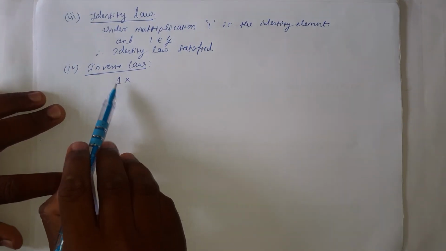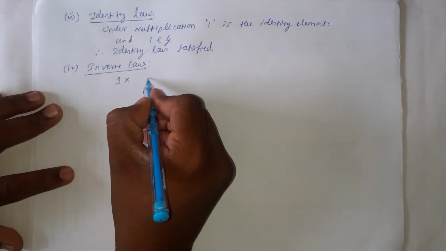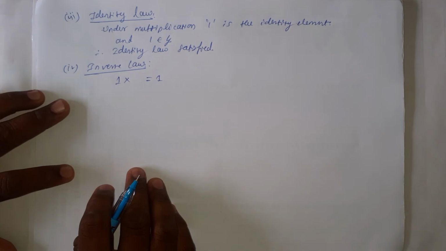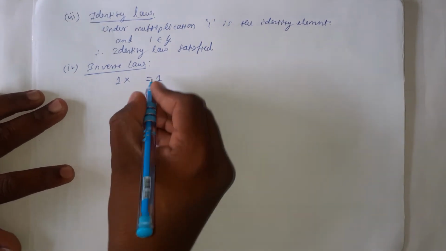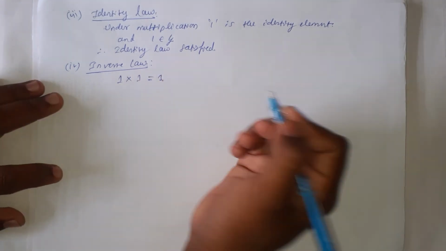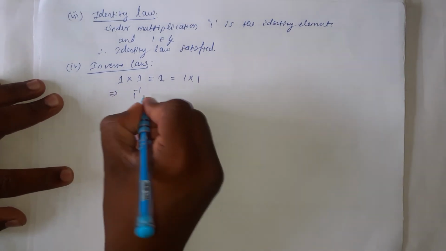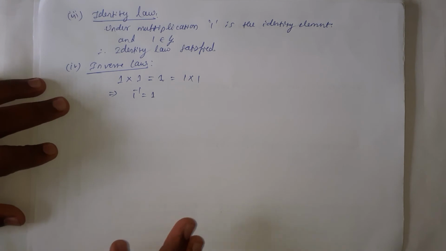We need to multiply this 1 by some element of G such that their product is equal to 1. That 1 must be multiplied by 1 only to get the product 1, and this is 1 into 1. So it implies that the inverse of 1 is 1 only.